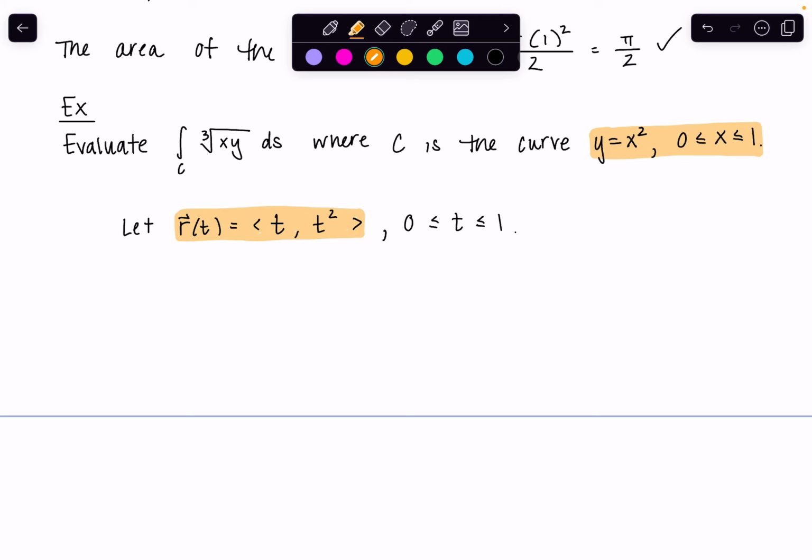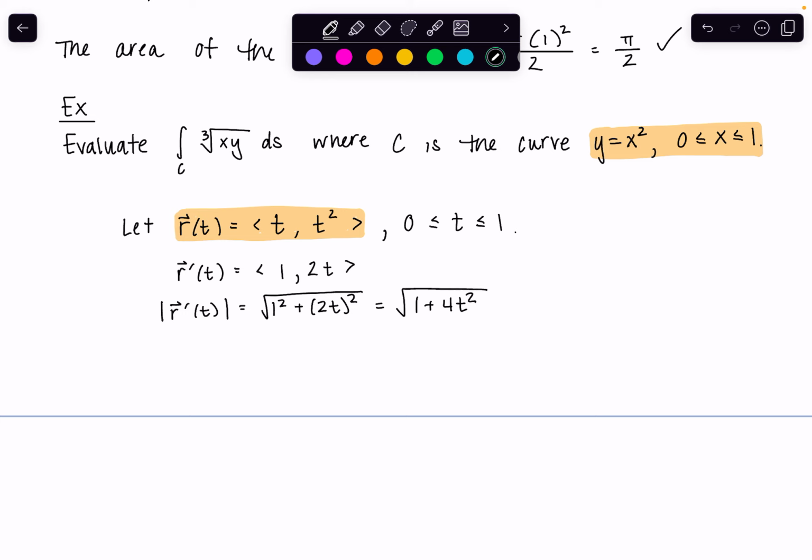So now we have our vector function. We need to go ahead and find a couple things. We're set to go ahead and find this magnitude. So let's go ahead and take the derivative. That gives me 1 and then 2t. The magnitude of this is then 1 squared plus 2t squared under square root. So that is 1 plus 4t squared under the square root.